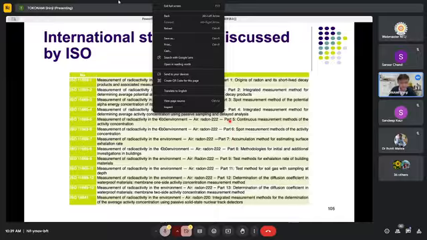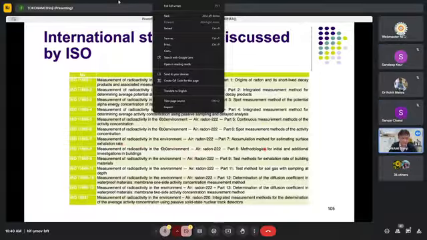Part 5, continuous measurement methods of the activity concentration. Part 6, spot measurement methods of the activity concentration. Part 7, accumulation method for estimating surface acceleration rate. Part 8, methodologies for initial and additional investigations in buildings. Part 9, test methods for acceleration rate of building materials.